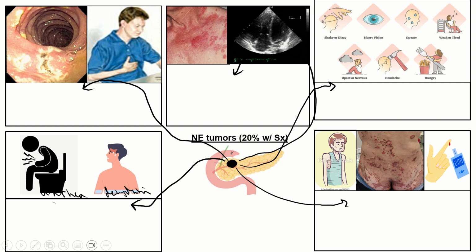They may also have achlorhydria, decreased acid in their stomach. This can lead to a lot of the same manifestations of PPI use: increased risk of infections, hypomagnesemia, osteoporosis, B12 deficiency. And this one is a VIPoma.